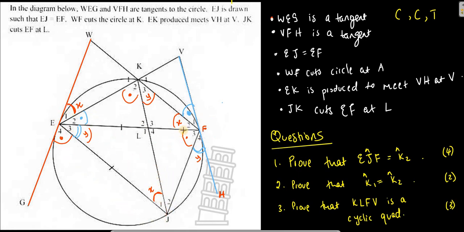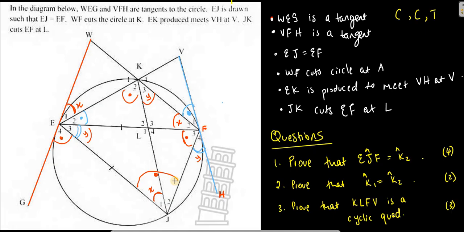So what does it mean? It means the base angles should be equal. So this base angle here must be equal to F3. Okay, that's what you must understand there. So yeah, quite nice. I'm sure that with this information labeled on our diagram, there is a lot we can do.